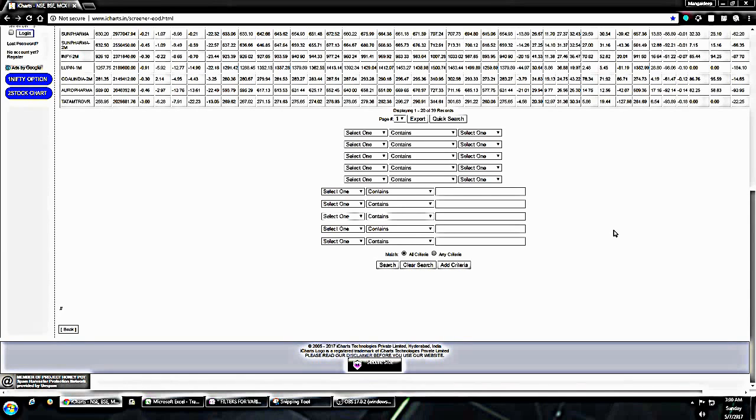Now if the ADX number is below 20, the stock is considered to be in a weak trend or a sideways trend. This is the first group. The second group is if the ADX number is between 20 and 40, the stock is considered to be a trending stock. The third group is if the ADX number is between 40 and 60, the stock is considered to be strongly trending.